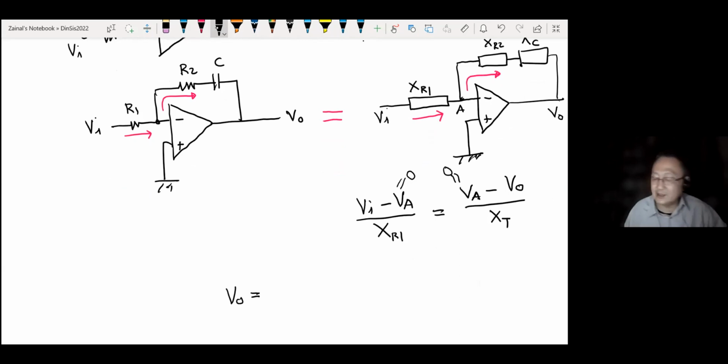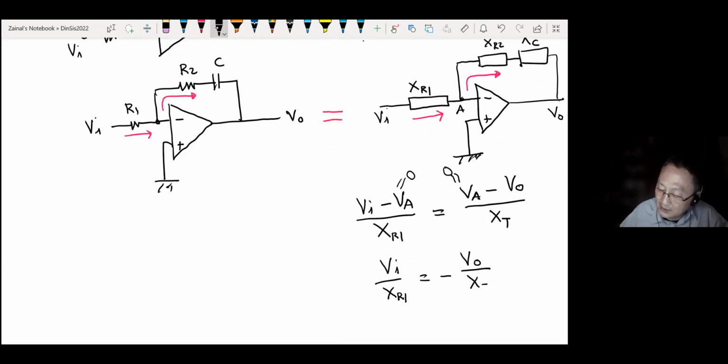So VI divided by XR1 is equal to minus VO divided by X total, or Z total.